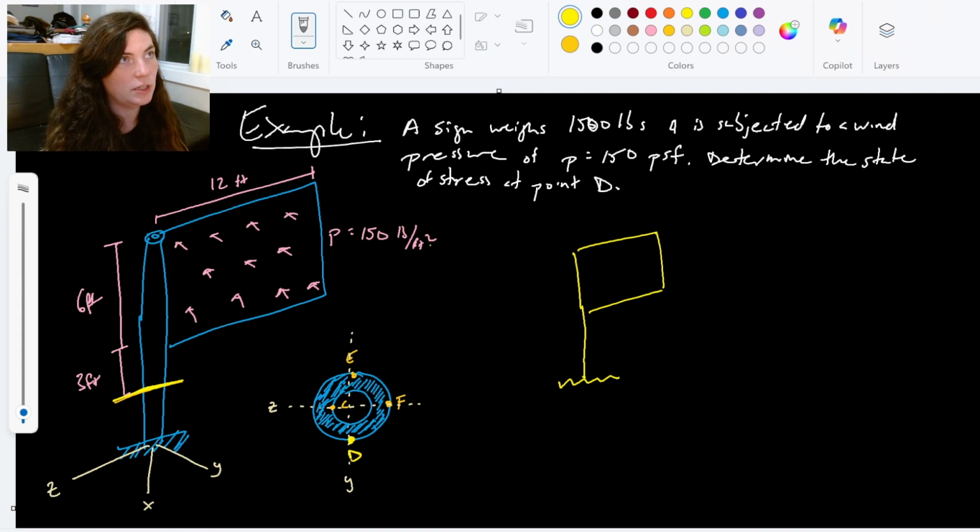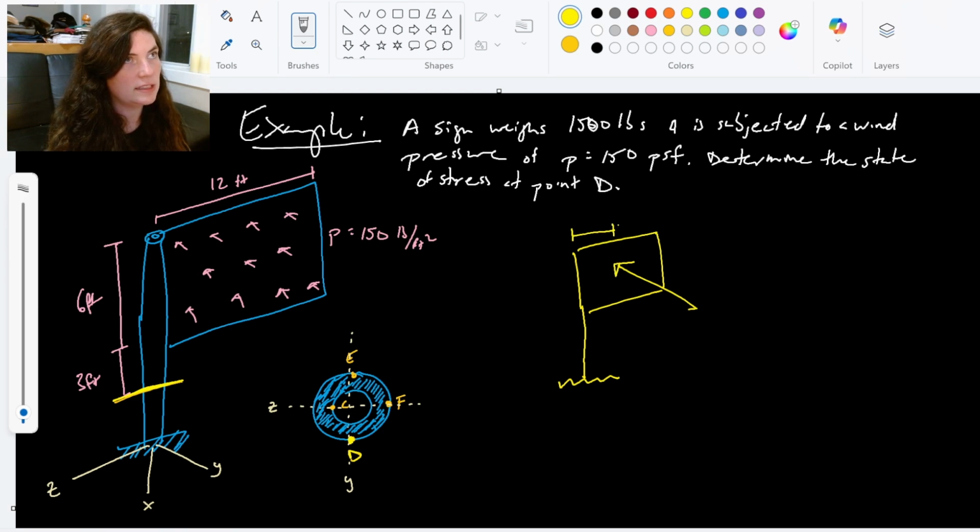So that's 150 pounds per square foot times 12 feet times 6 feet. It's acting like a distributed load that we're simplifying to act in the very center of this sign.